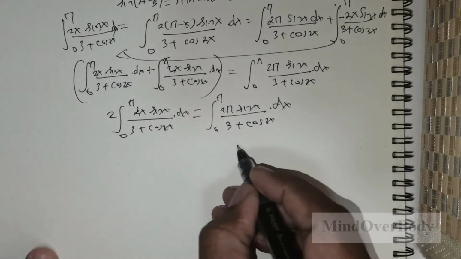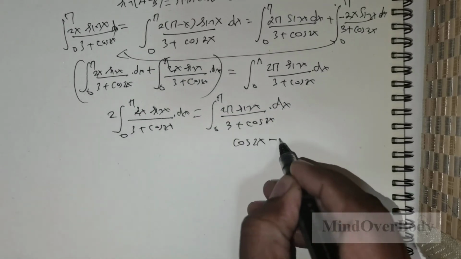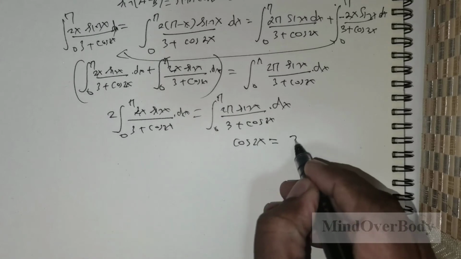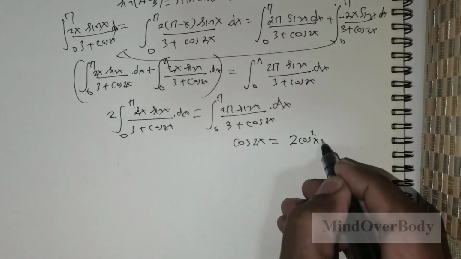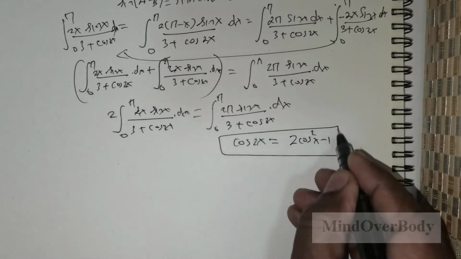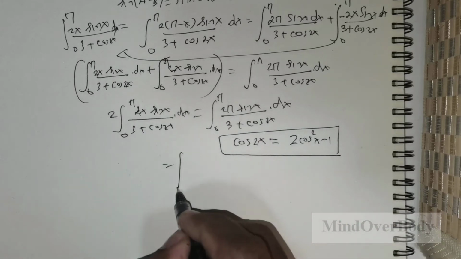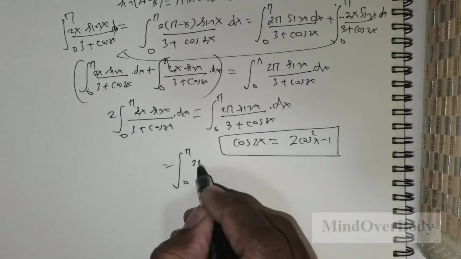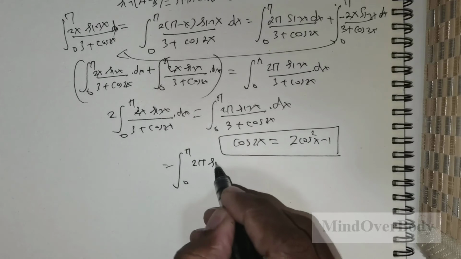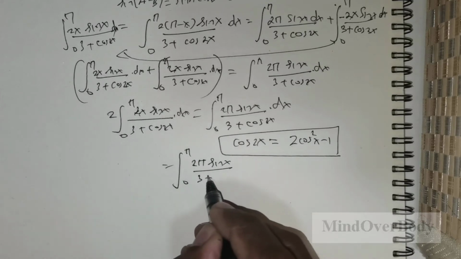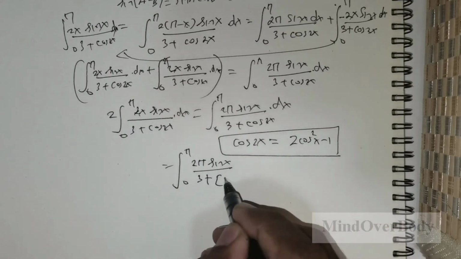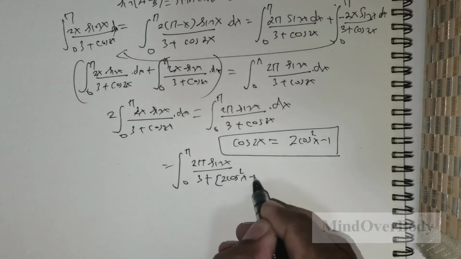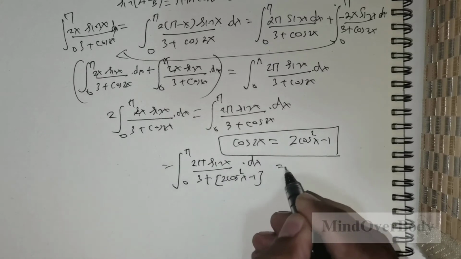Now what I'm going to do, I'm going to use this formula, which is cos 2x is equal to 2 times cos squared x minus 1. Now when I use this formula, this is rewritten as integral 0 to pi by 2 of pi times sine x divided by 3 plus, in place of cos 2x, 2 times cos squared x minus 1 times dx.